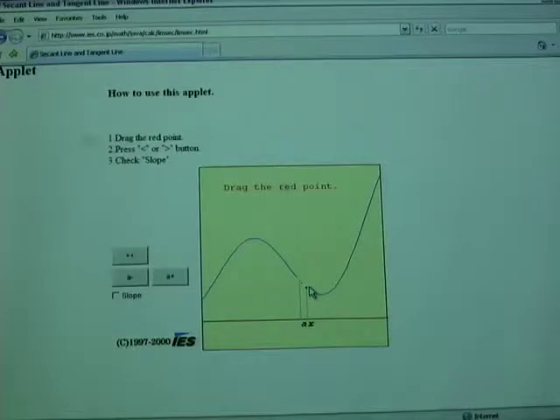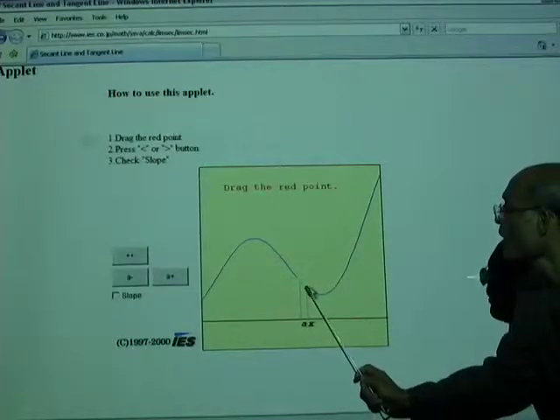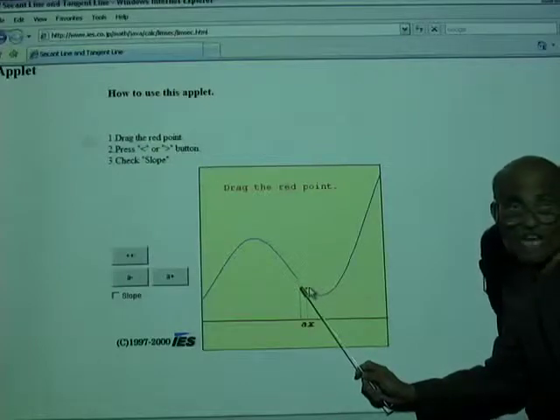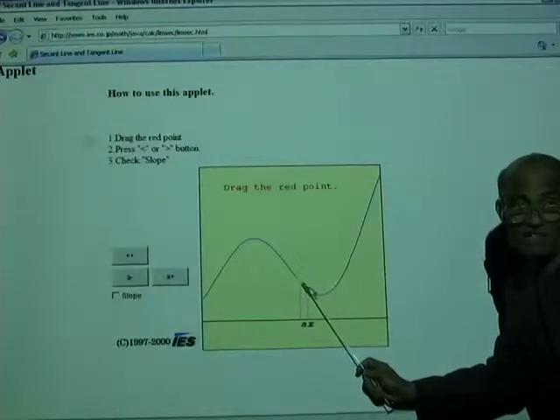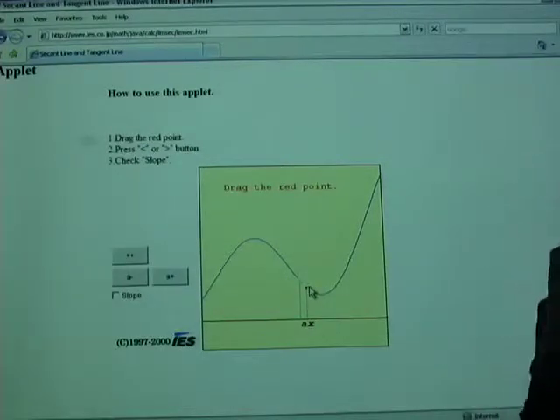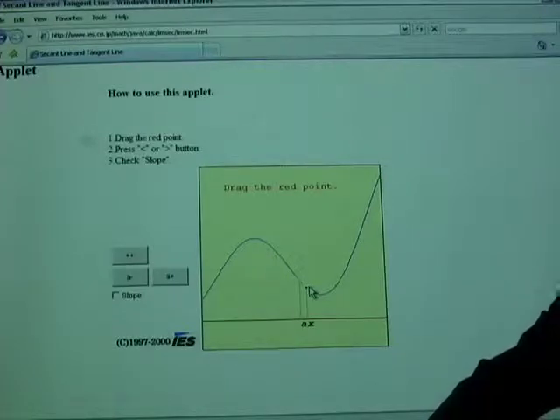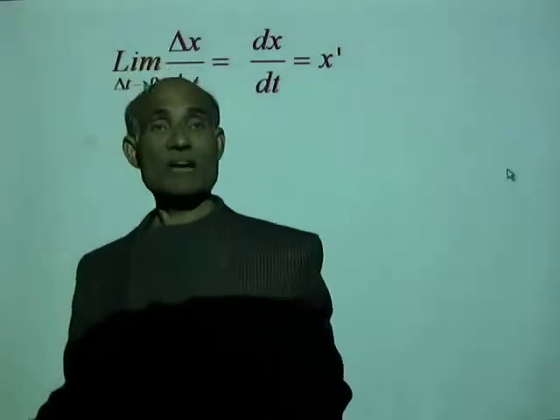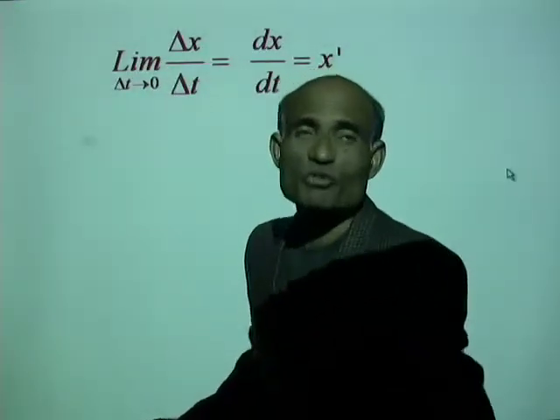You notice now the interval is so small that this line is almost a tangent line at this point, and the slope of that line gives you the instantaneous rate of change at that instant, at that position.